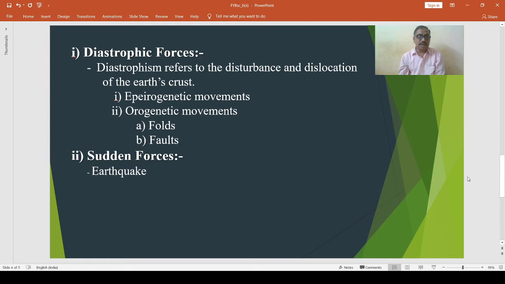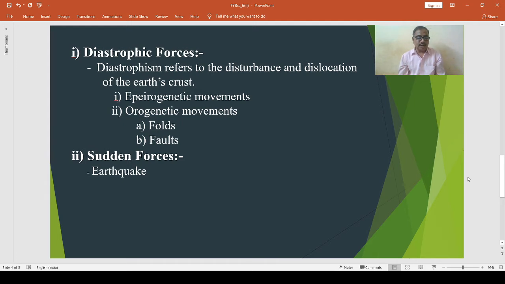These forces are also termed constructive forces. These forces affect larger areas of the globe and produce meso-level relief, for example, mountains, plains, lakes, falls, plateaus, etc.